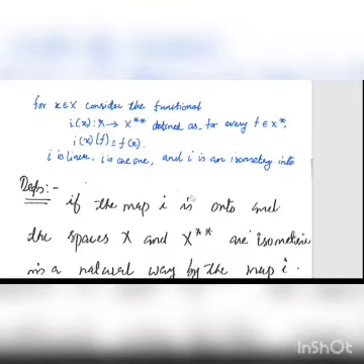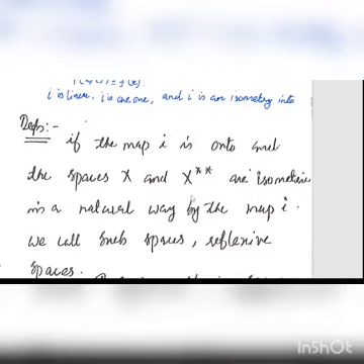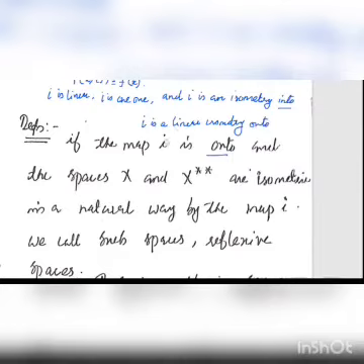Now coming back to this definition. If the map I is onto, we have proved that it's only into, so suppose the map I is onto, then I is a linear isometry onto.